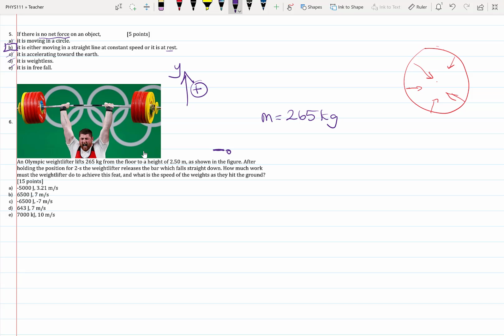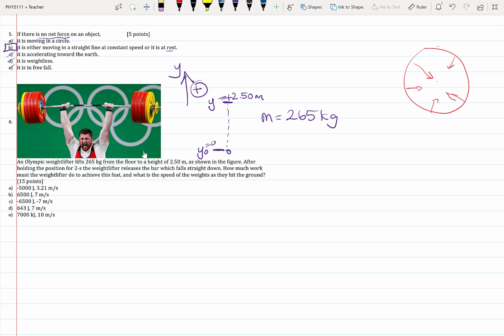So it starts at 0 and it goes up and ends at 2.50 meters. So we could call this y and we can call that y0. So y equals 2.50 meters. It's plus because it's up. y0 equals 0. This is just the way I've set the problem up. Okay, height of 2.5 meters as shown in this figure.